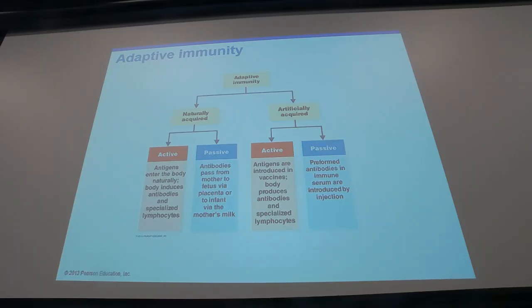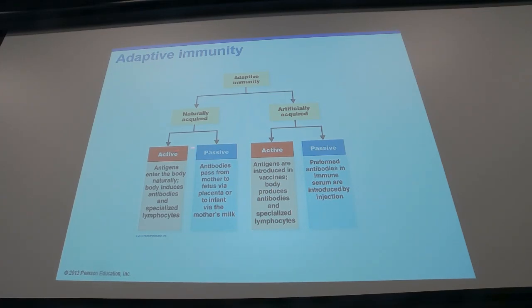Okay? So now, for naturally acquired, we have active and passive. Active is when you produce your own antibodies. Okay? And then passive is when those antibodies were produced from someone else.